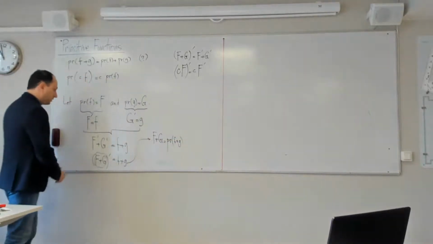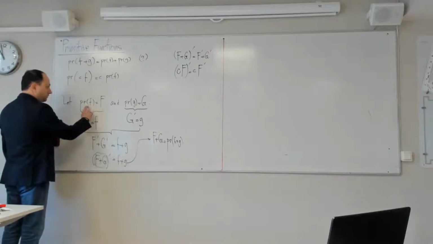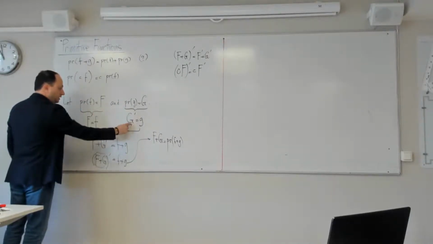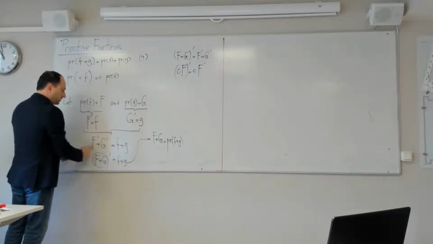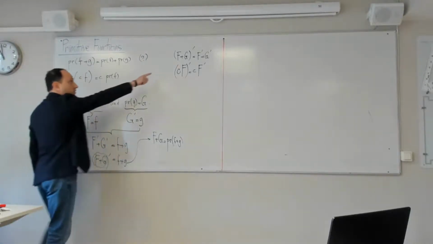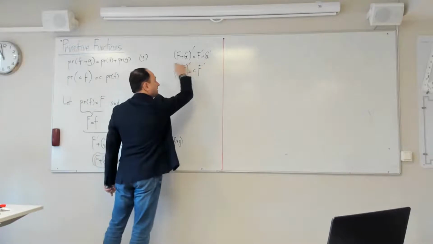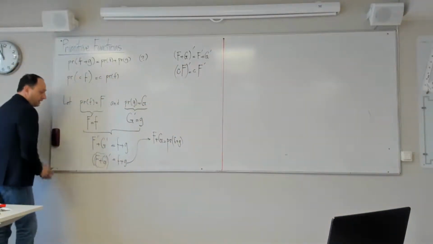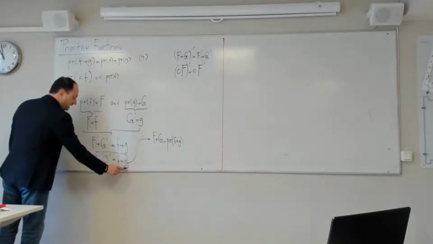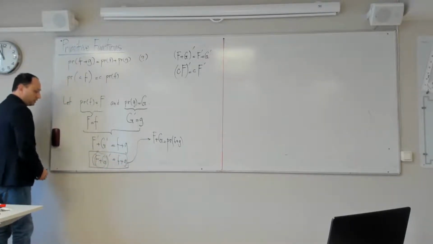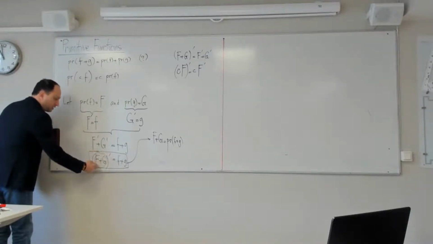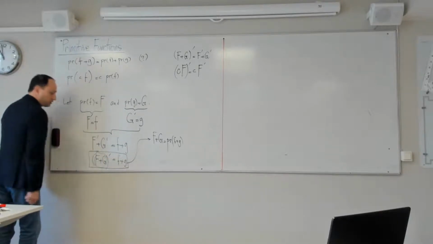Let me repeat this part. Primitive function of f, let us call it F. This means this. The same for this. I add these two relations side by side. And then I use this rule from derivatives to collect this into this form, and I want to translate this again into this new language. I have a function, forget about the name of the function. The derivative of this function is equal to that function.